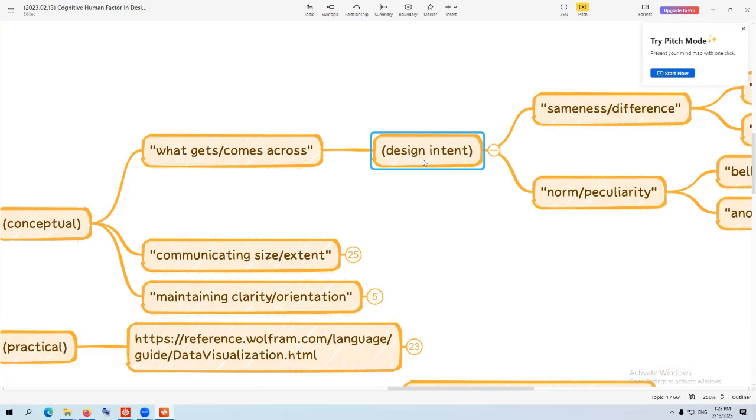Now, I already mentioned this in a very simple case. My design intent is to say my computer processor, even though it's a little bit slower than the competitor, has virtually no difference. That's my intent: I want to communicate sameness. On the other hand, if I have a faster processing chip to sell, I would emphasize that this is game changing.